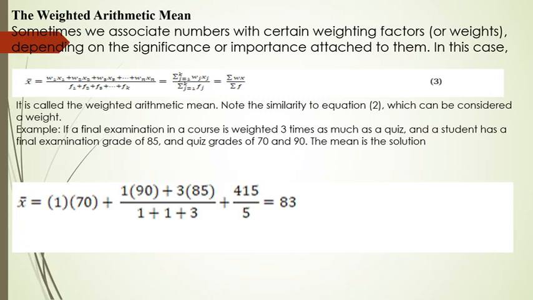That means the examination, which is 85, will be 3 times 85 because it's 3 times as much as the quiz.